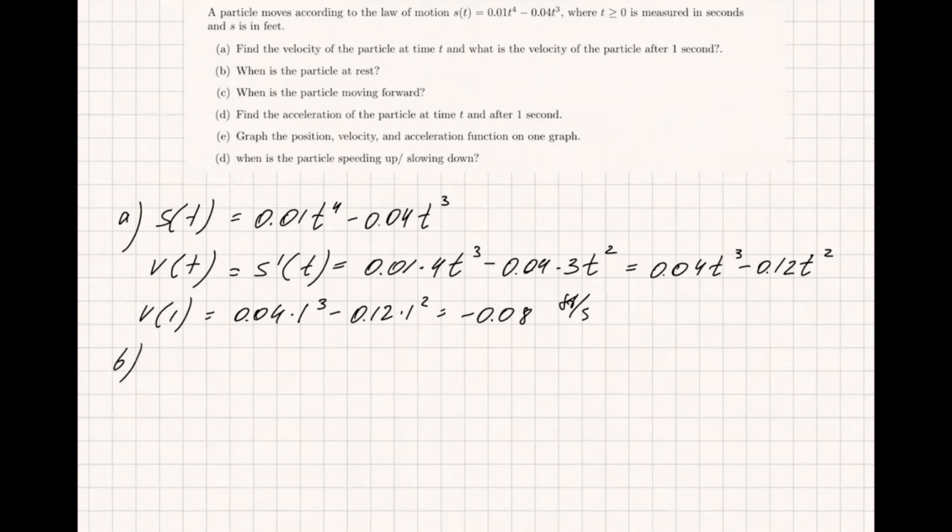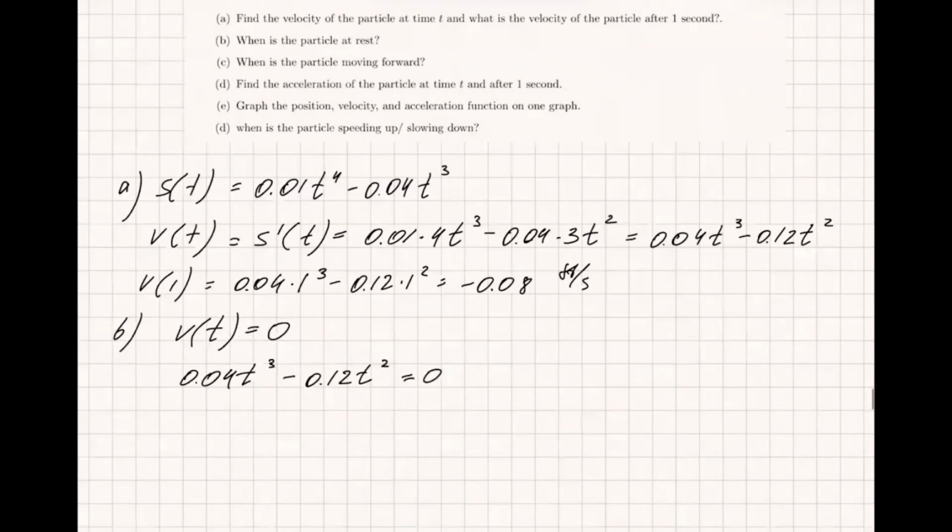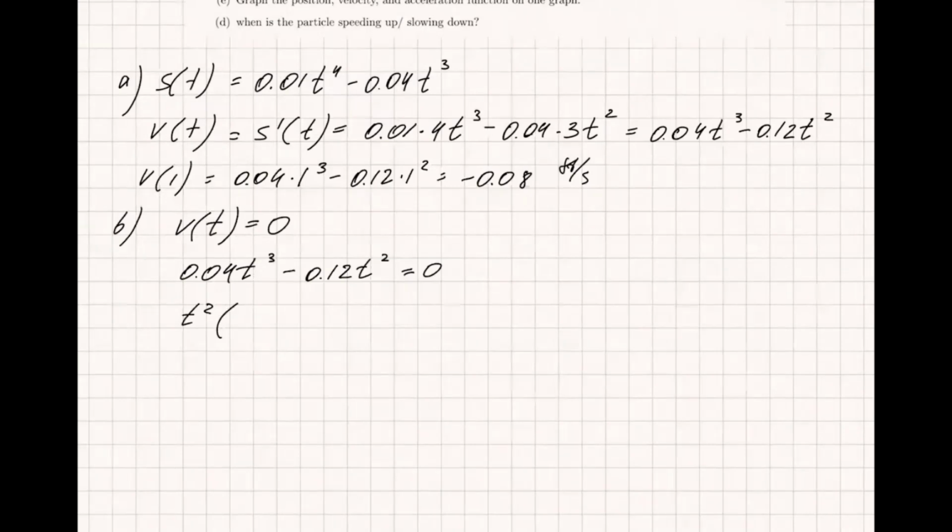Now, part B is when is the particle at rest? The particle is at rest when its velocity is equal to 0. So let's calculate that. We have 0.04 t cubed minus 0.12 t squared equal to 0. So t squared times 0.04 t minus 0.12 equals 0.